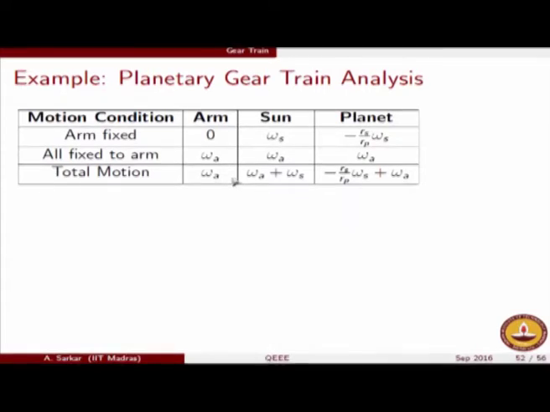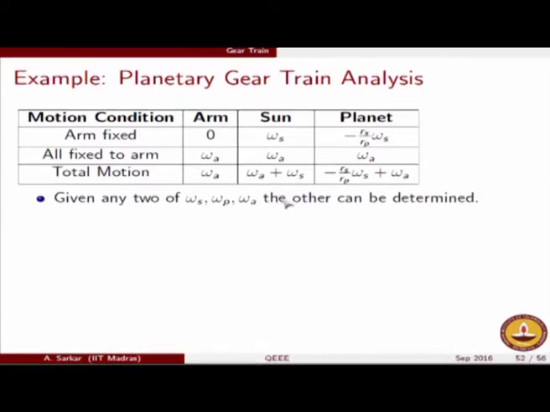So if we add each column, we get the total motion of the arm to be omega a, the total motion of the sun to be omega s plus omega a, and that of the planet as minus rs by rp omega s plus omega a. So this is the total motion. Now we can see that there are three variables, omega s, omega a, and omega p.